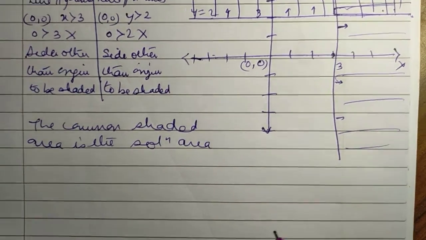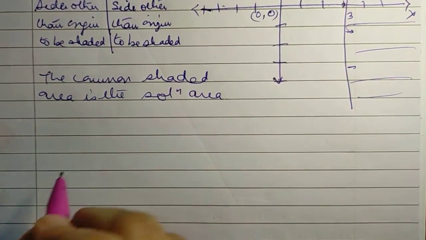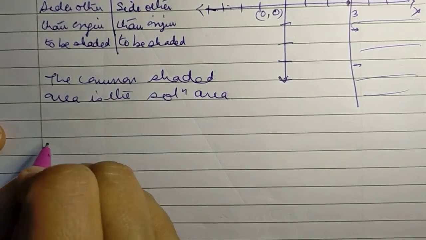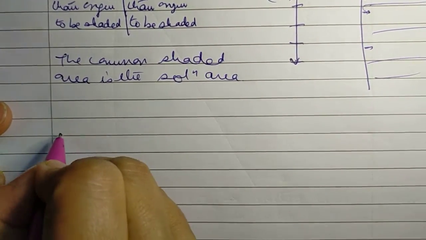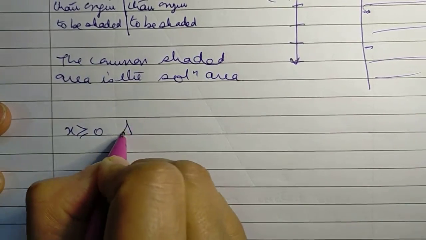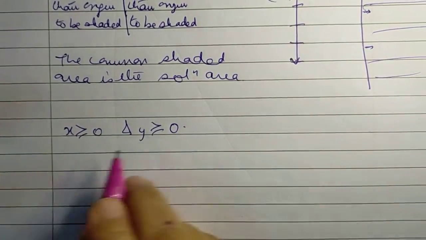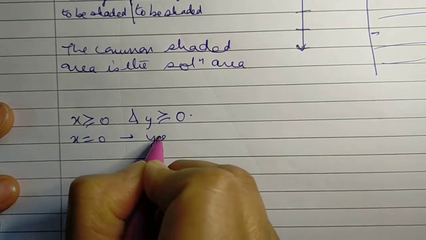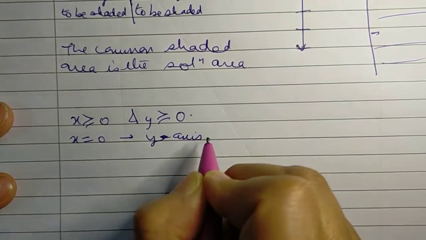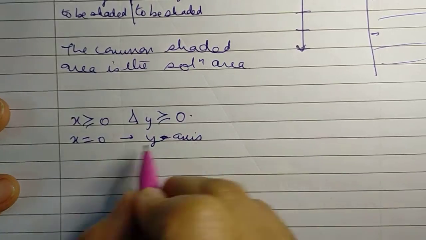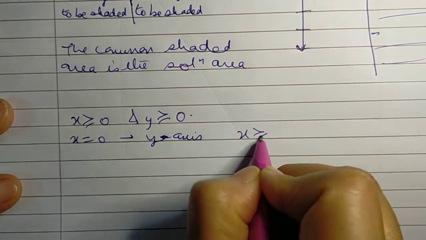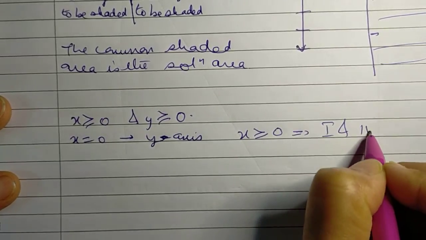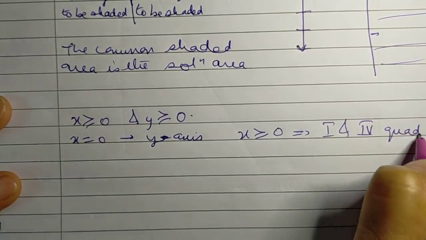Now before we take up main questions, you will realize that many questions have x greater than or equal to 0 and y greater than or equal to 0. Now we know that x equal to 0 represents the y axis, and x greater than or equal to 0 is in the first and fourth quadrants.